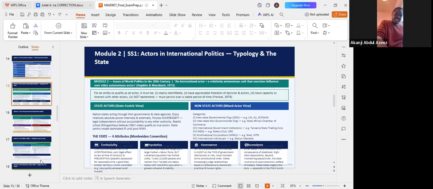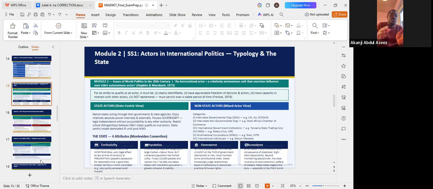But now, a state actor, listen, is a country that meets all the requirements of statehood under international law and participates actively in global politics. So whenever you hear state in this course, from first semester to second semester, we mean country.